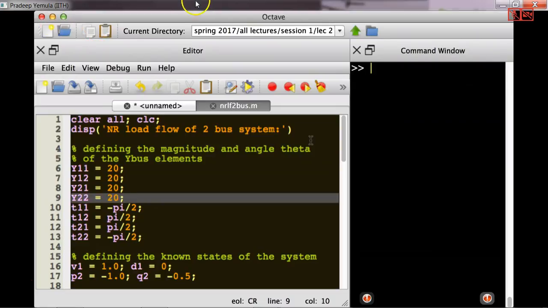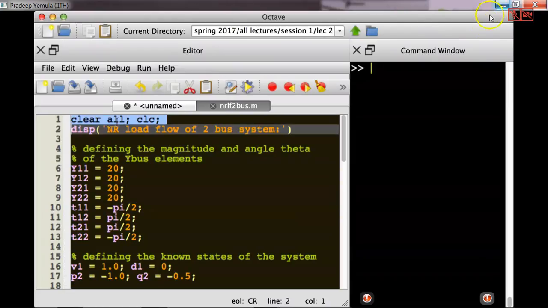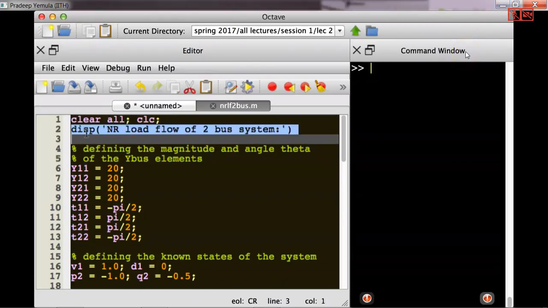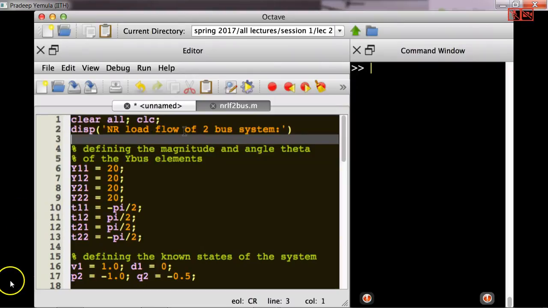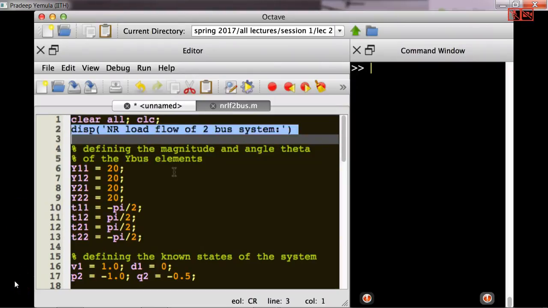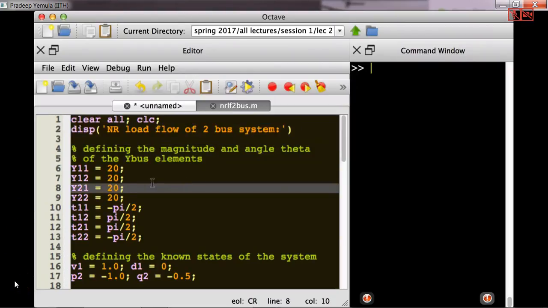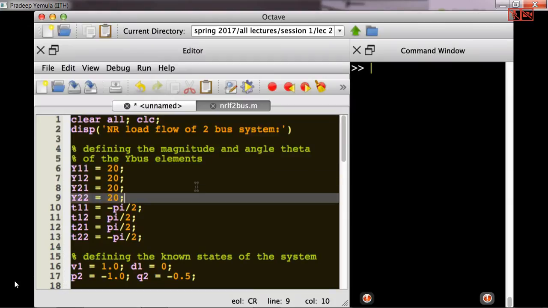When you start, line number 1 is of course clear all and clc, and then the next one just displays the title for this code. Then lines 6, 7, 8, 9: because it's a 2-bus system, I am defining the magnitude of the Y bus elements.